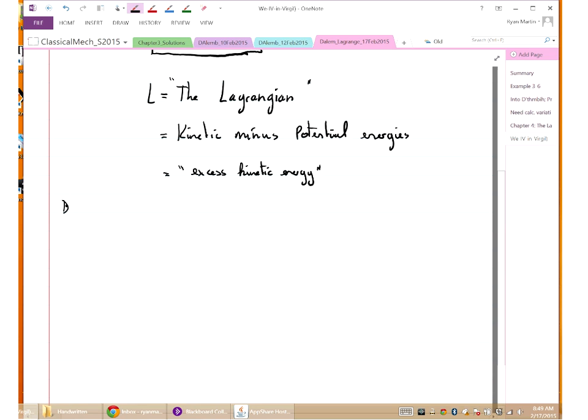Okay. So let's go back to D'Alembert's principle. Let me just write it out. D'Alembert's principle is d/dt of ∂T/∂q̇j minus ∂T/∂qj equals capital Qj.